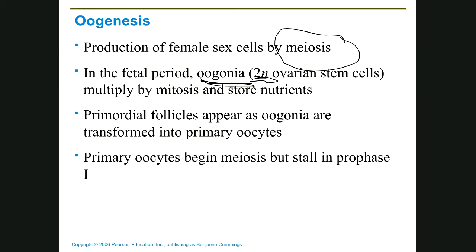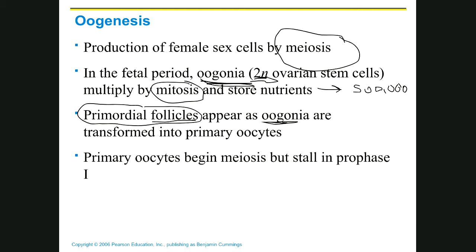And they're going to multiply by mitosis, and we're going to keep dividing and dividing until we wind up with about 500,000 oogonia present in the fetal ovary. And remember, they're surrounded by little sacs, which are called follicles. So we have these primordial follicles and oogonia inside.